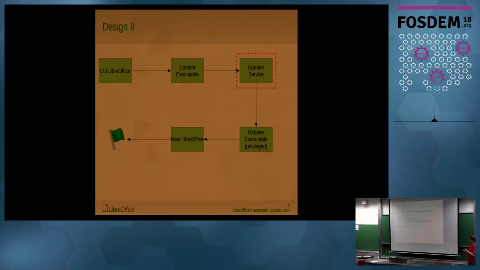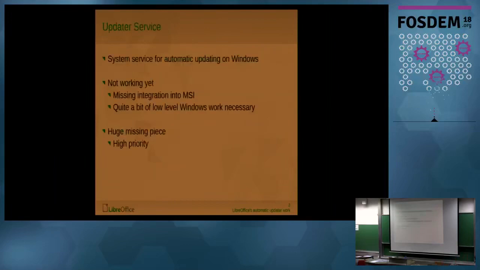So now I'm getting to the parts of the updater work that are not done yet. I already mentioned that the updater service is a huge missing piece. It builds already. It's also taken from the Mozilla code, but it needs a lot of low-level adaptations for our LibreOffice build process.